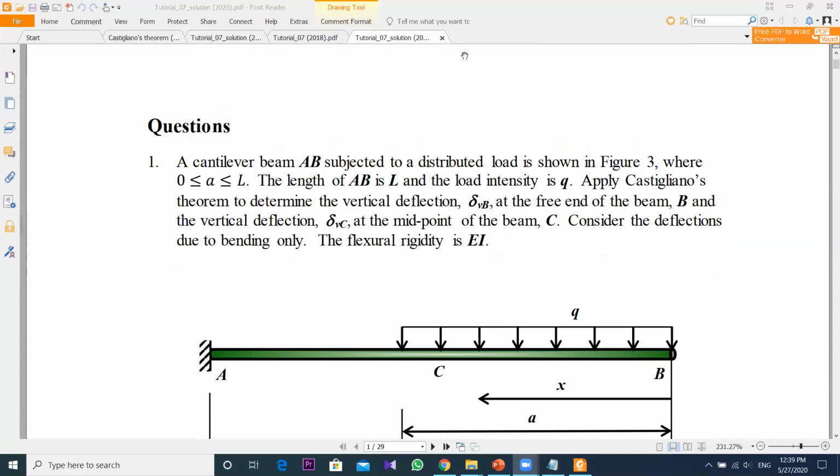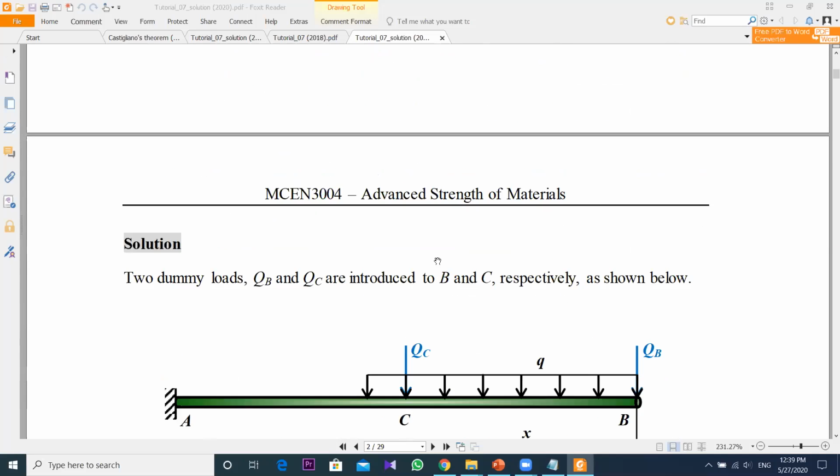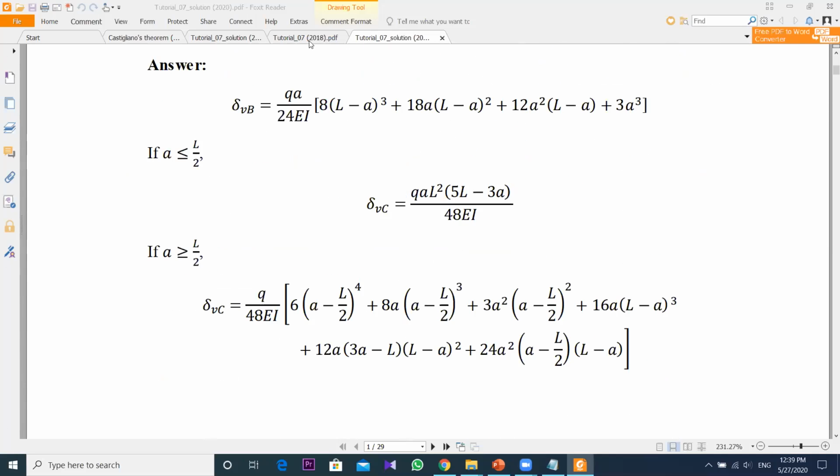Shenal, can you send a message to Fermi to join this tutorial? I think Fermi also has a different one because she showed a different one to us. So these are the solutions. No, Fermi showed us this one.